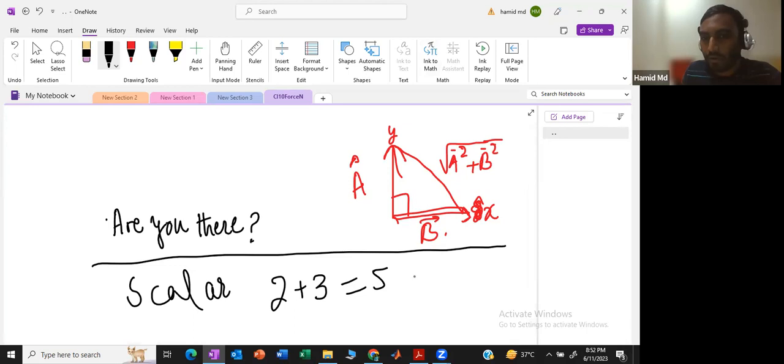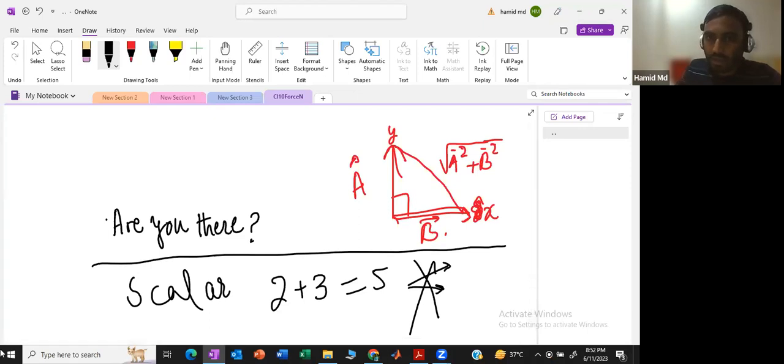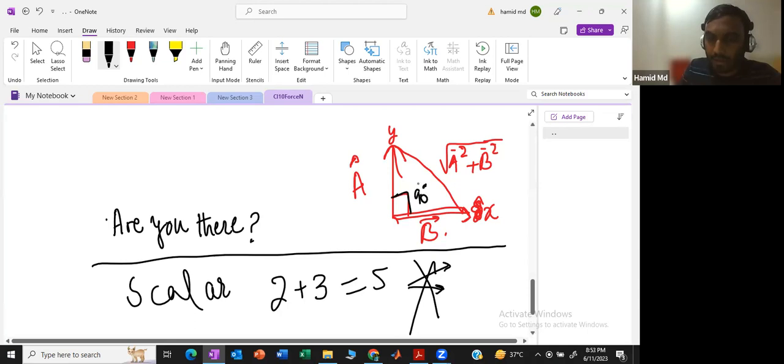We don't have to worry about direction because a scalar has no direction, only magnitude. So there is no angle in between. This was angle 90 degrees, the Pythagoras triplet. So there is no direction. We have two vectors in some direction.